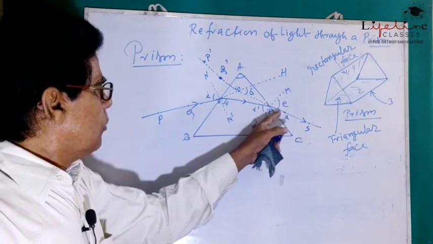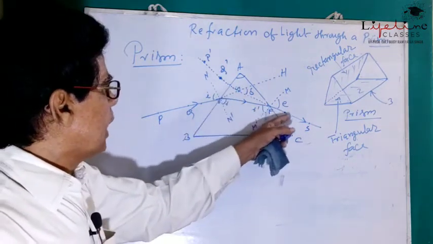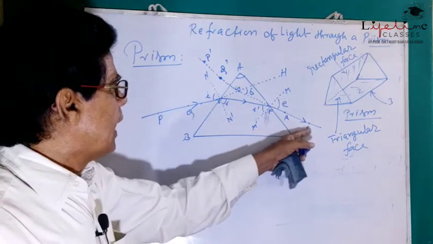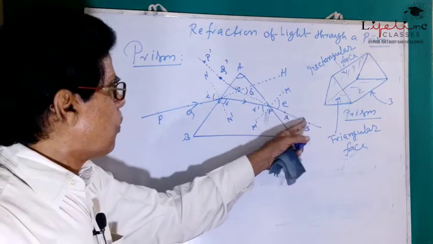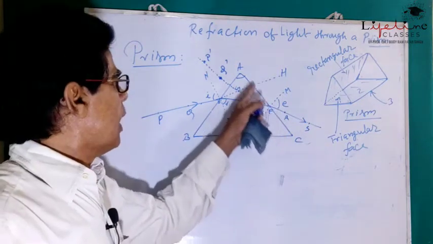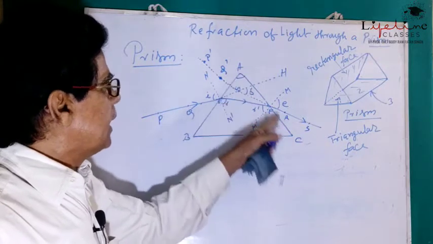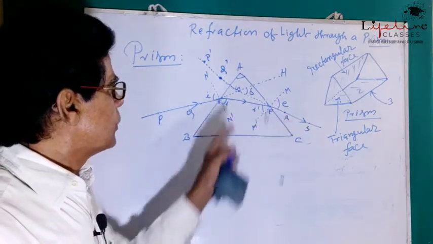After replacing the prism we can draw the points R and S, and if we join these two points and extend it up to the side AC, we get a line RS.